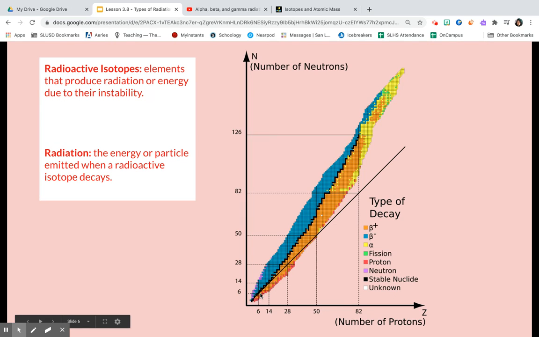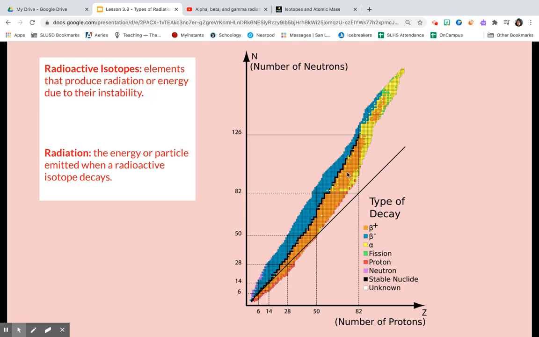So when you first start out, you'll notice that if the number of protons and neutrons are the same, it's fairly stable. But as the elements get larger, meaning the more protons you have, you're going to need more neutrons in order to keep it stable.